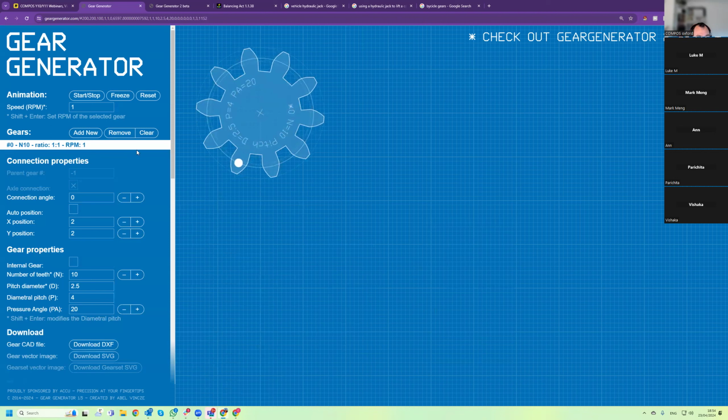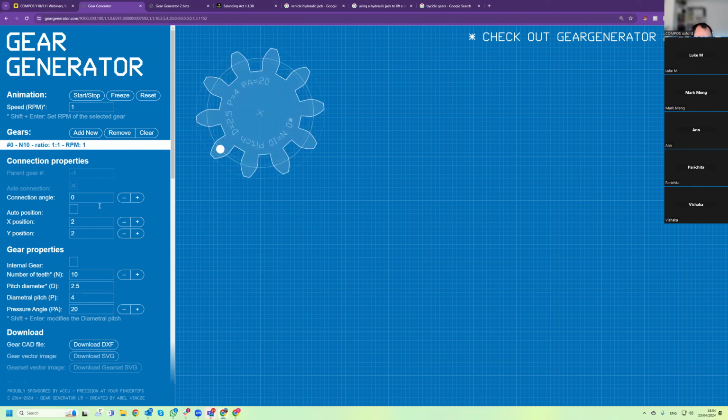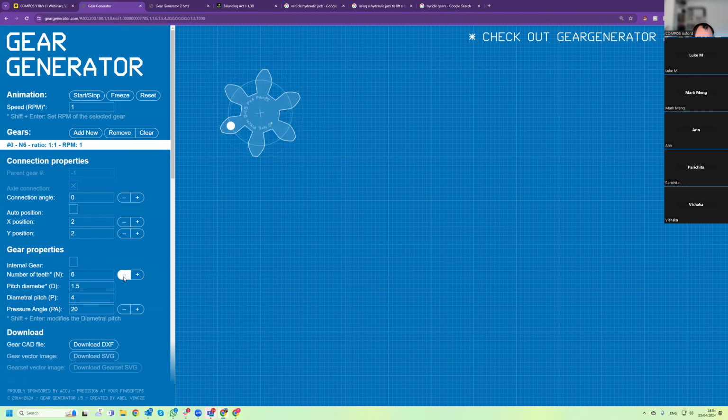So let's reduce this to 40th. 40th is the smallest number we can get. And the RPM is 1 rotation per minute. So that's obviously the second arrow.